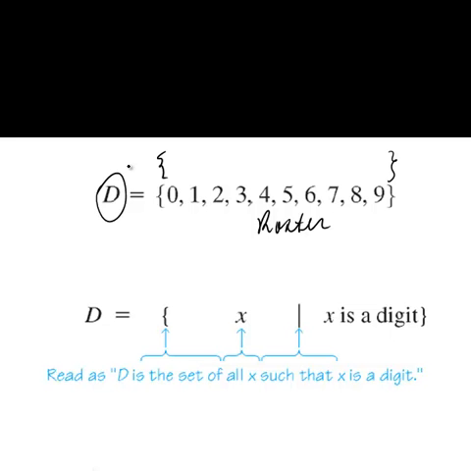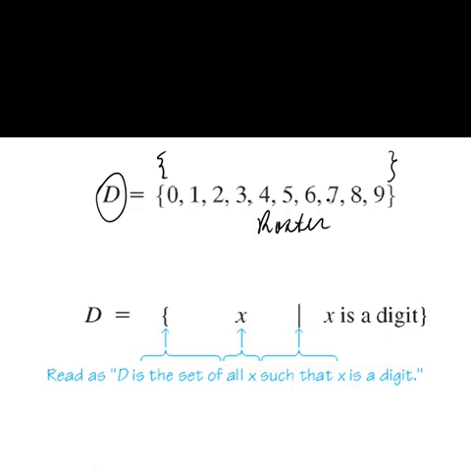There are two things that we need to know about a set. What makes a set a set? Number one is that each of these elements is listed only once. And not only that, number two is that we need to be able to determine which elements are in the set and which are not in the set.